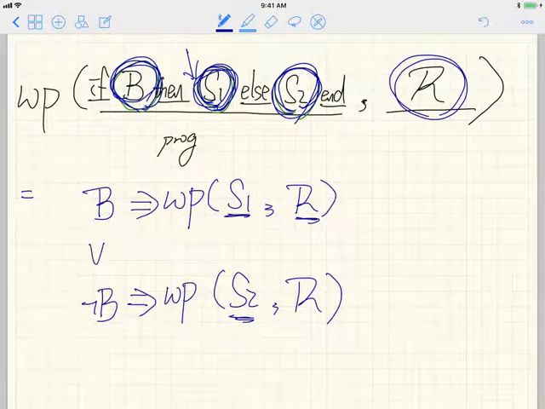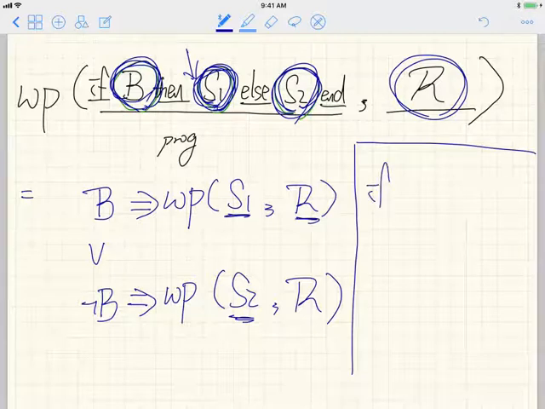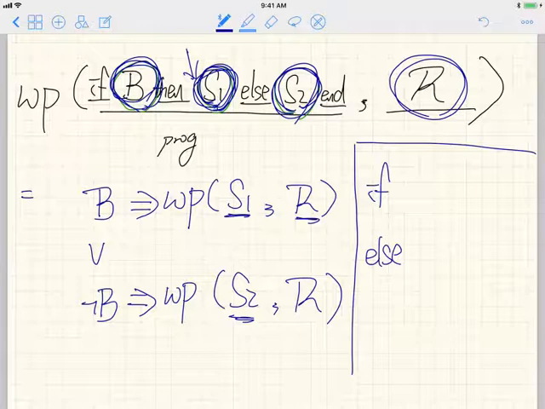If you say disjunction, that means either branch will work, right? Let me give you an example over here. How about just one example? Let's say if, else, end.